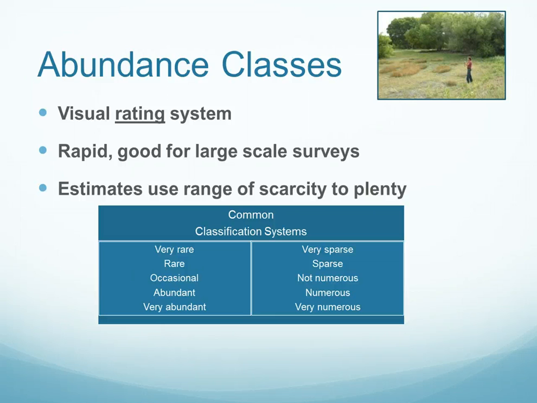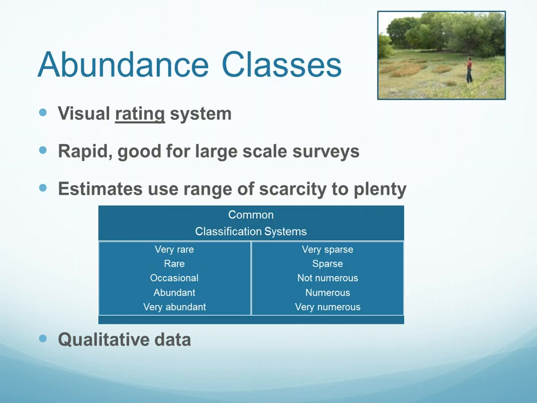And so you would go to an area, and depending on which classification system we're using, you would identify the different species that are there and then say whether they are rare, very rare, occasional, abundant, or very abundant. And there are other classification systems that just use different terms, such as the one on the right that compares how sparse plants are compared to how numerous they are.